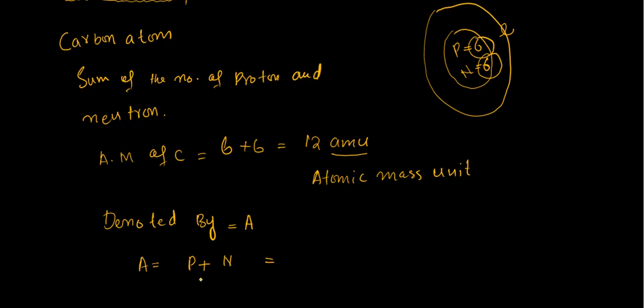By arranging this equation, we can say that the number of neutrons is equal to atomic mass minus the number of protons. In the above example, the atomic mass of carbon is 12 and the number of protons is 6, so the number of neutrons will be equal to 6.